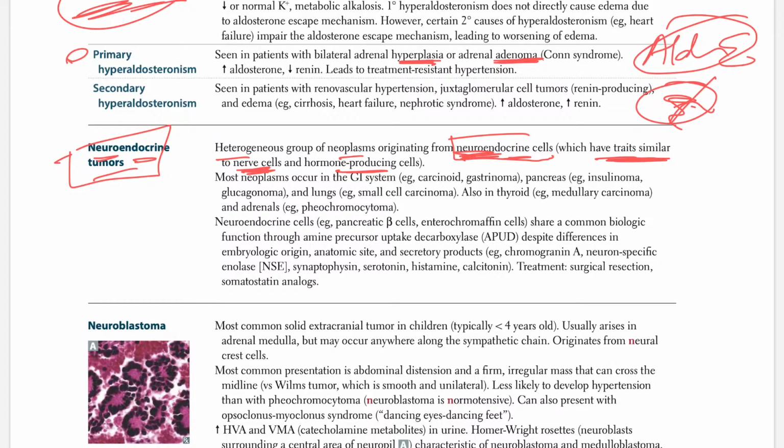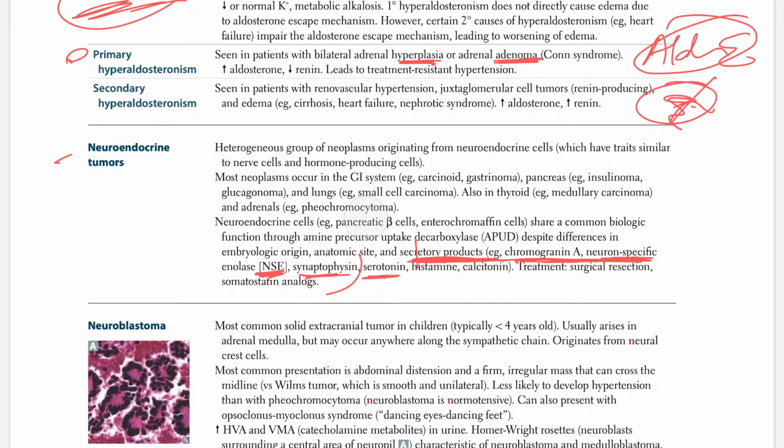And that's because then you will have specific secretory products like chromogranin A, NSE, which is neuron specific enolase, synaptophysin, all of them. If you see it, then you can right away think about neuroendocrine tumors here, because they're coming from the nerve cells and they produce neuroendocrine hormones.